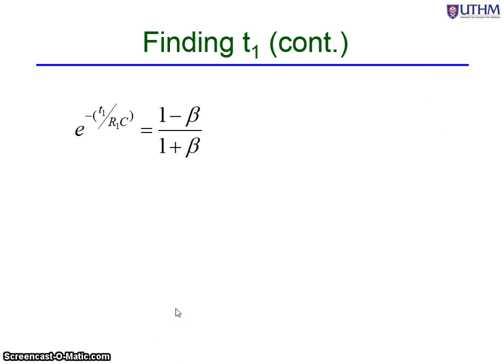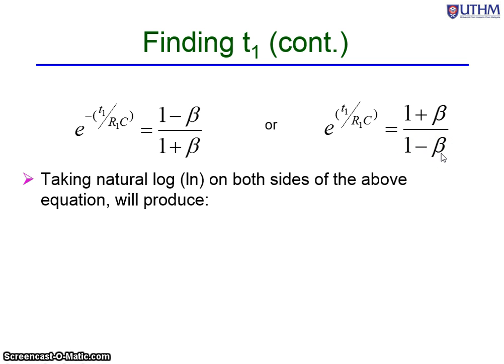So e to the minus T1 over R1C will be 1 minus beta over 1 plus beta, or, since this is a minus of a negative value, I can change it to positive, so it will be 1 plus beta over 1 minus beta, and then take natural log on both sides.